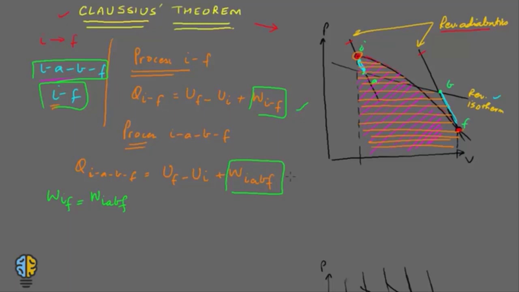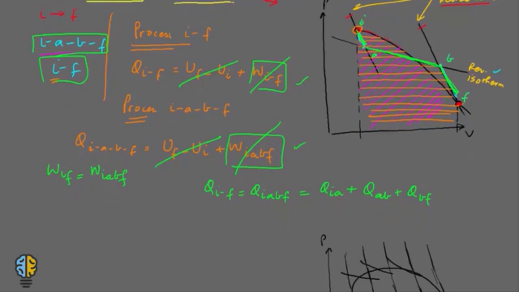Equating the two equations, the UF minus UI terms and the work terms cancel off, and you get QIF equal to QIABF. What is QIABF? It is Q for IA plus Q for AB plus Q for BF.